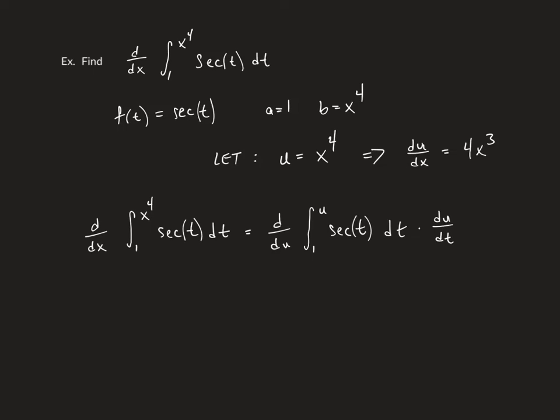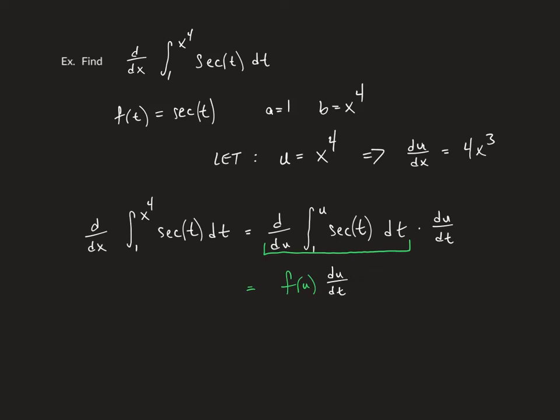So according to the fundamental theorem of calculus, this part of this expression is an easy one to evaluate, because that is equivalent to f of u. And then we also have this du dx as well.